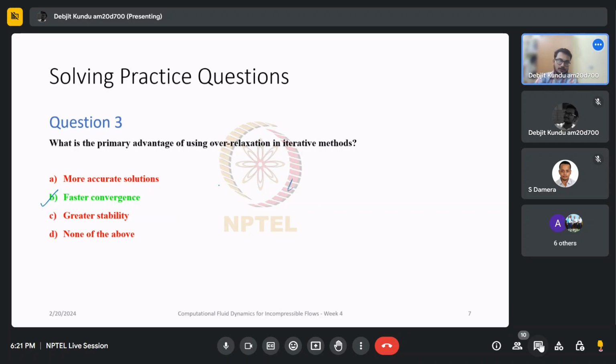So what's the idea here? The idea is that we are going from the kth solution to the k plus 1th solution at each iteration, and there is a method of calculating this k plus 1 from k, so there is this difference, right?